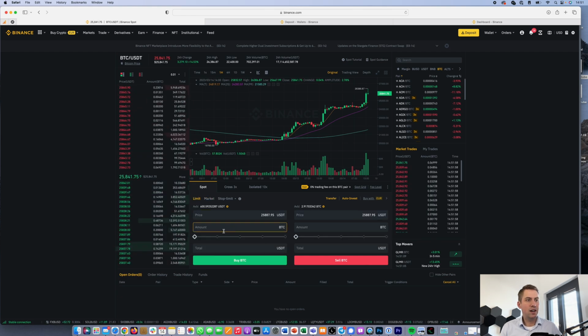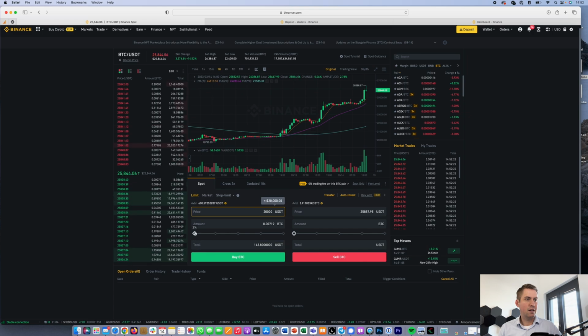If you do a limit order, you can say, okay, you want to buy Bitcoin, for example, if the price goes to 20,000 USDT. Then you can just click buy BTC, you just need to specify the amount.